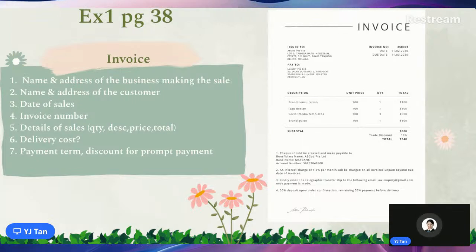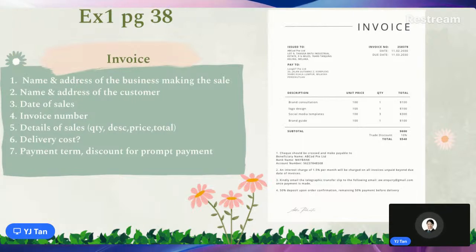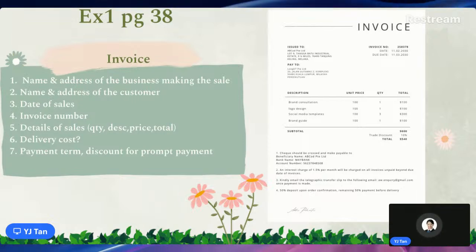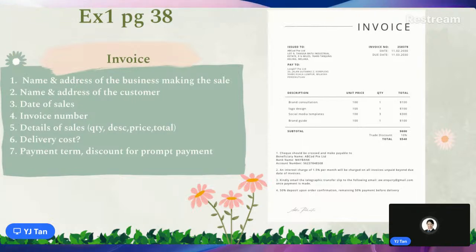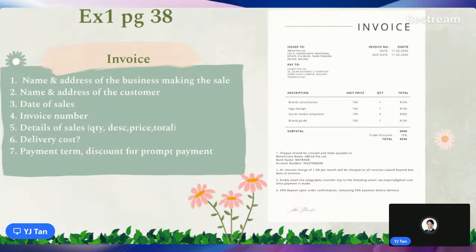So when you receive this invoice and want to make a payment, it's so convenient because the invoice has it for you. Another thing, for example, is that if you pay later than a certain agreed term, then maybe there is an interest charge to you. This is one of the things you need to take note of inside the invoice as a business owner.